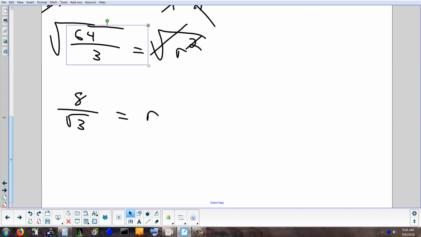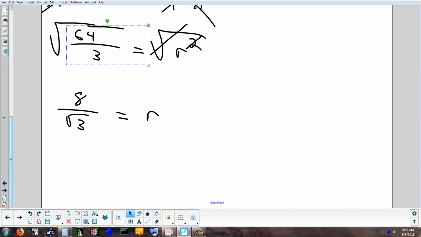Now, the only problem is we generally don't like to leave a square root in the bottom. That's not trig, that's just algebra. Does anybody remember how you can get the square root out of the bottom?